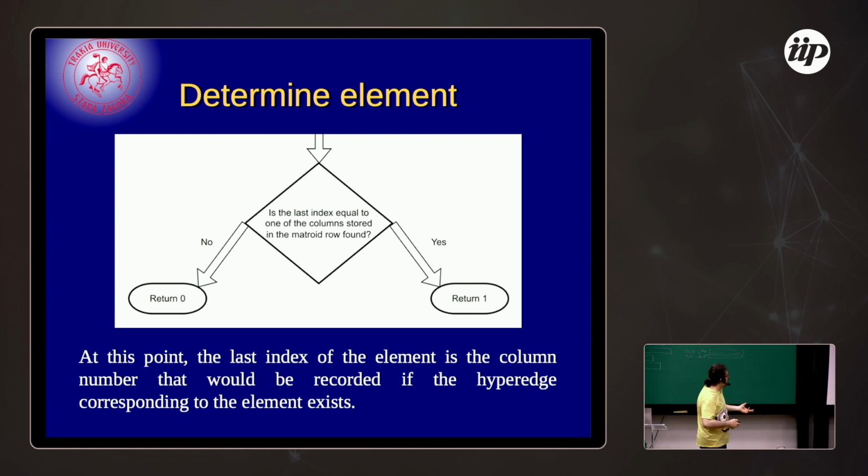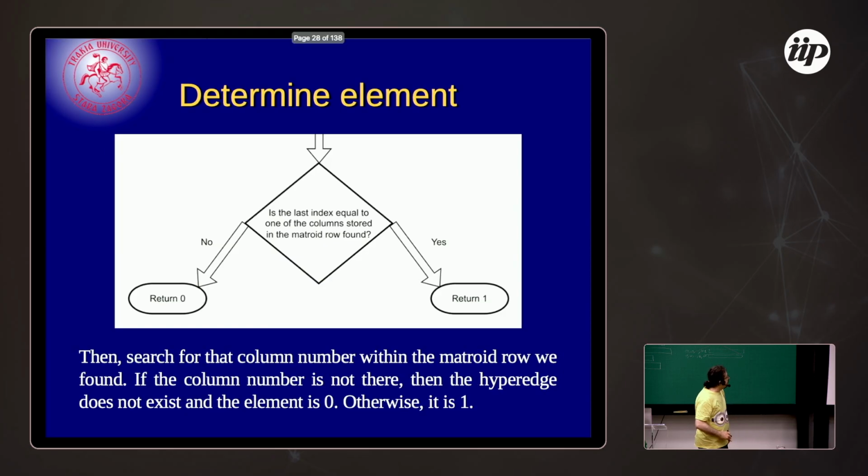If it isn't there, if you haven't stored it when you wrote the tensor, then the element is 0, and you can just return 0. If you find it, it means you have stored that column corresponding to the last index of the list of indices of the element you're trying to read. It means that particular edge existed, and therefore the element is a 1. And so you just return a 1.